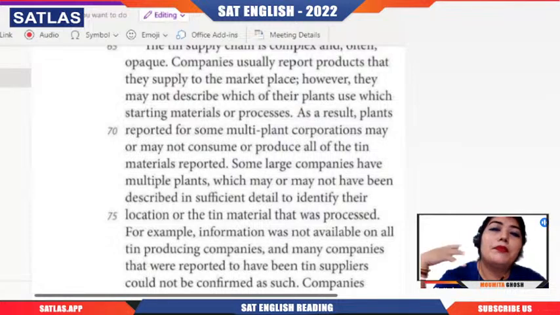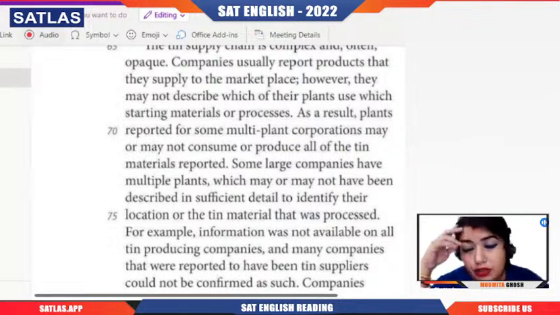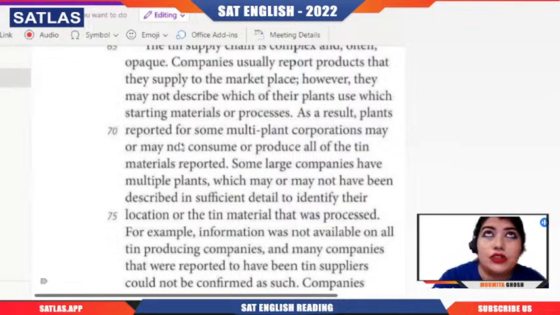So here, how the business goes on in order for the supply of a particular metal is being described. Okay, as a result, plants reported, plants means not the tree or plants, plants means the type of steel plant or a type of metal plant. Plants reported for some multi-plant corporations, the MNC or companies, industries, may or may not consume or produce all of the tin materials reported.